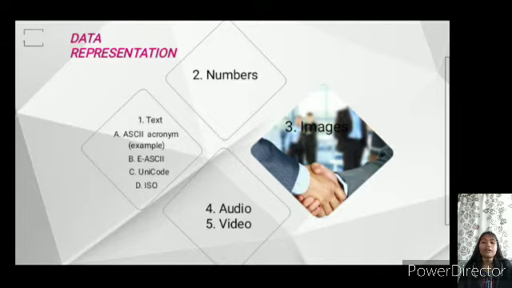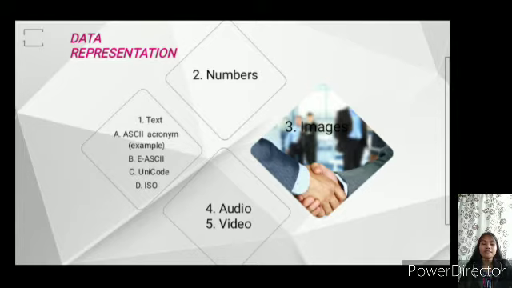The acronym of ASCII is American Standard Code for Information Interchange. For example, the ASCII code for uppercase M is 77. Then the acronym of Unicode is Universal Character Encoding.